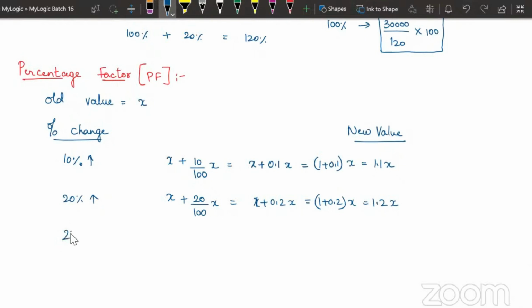Now I will write for 25% increment. It is x plus 0.25x, which is equal to 1.25 into x, that is 1 plus 0.25 into x, that gives you 1.25x.